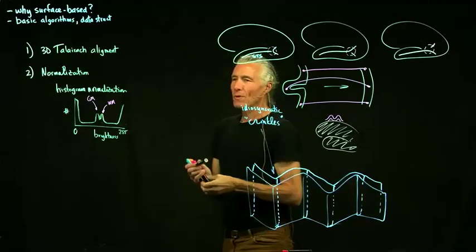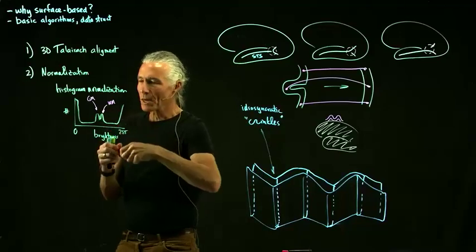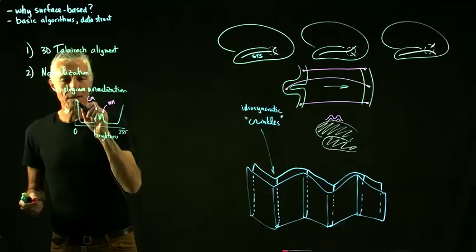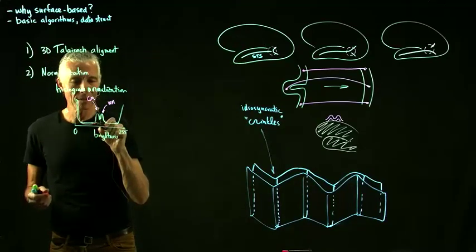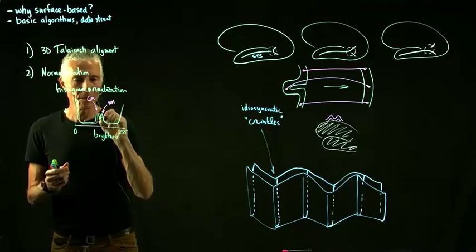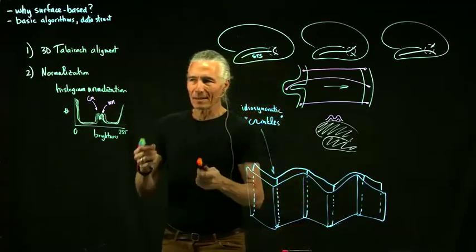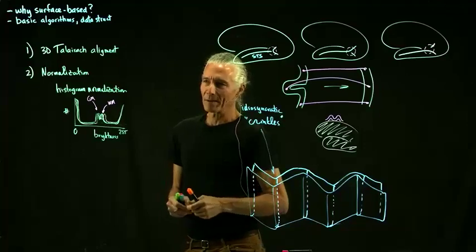Now, what happens if you go to another chunk of the brain that's brighter? There should still be black, but these peaks should shift over like that, and so you can tell from the peaks approximately what is gray matter and white matter.